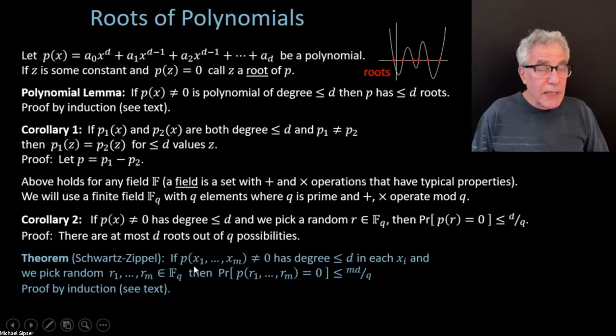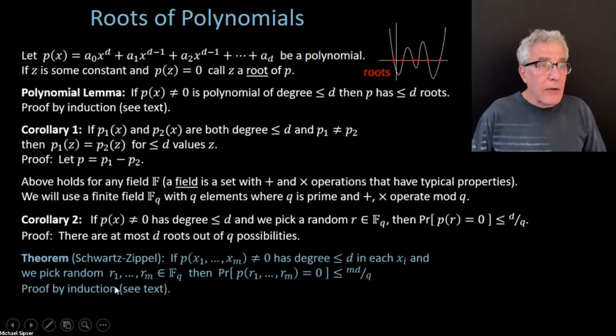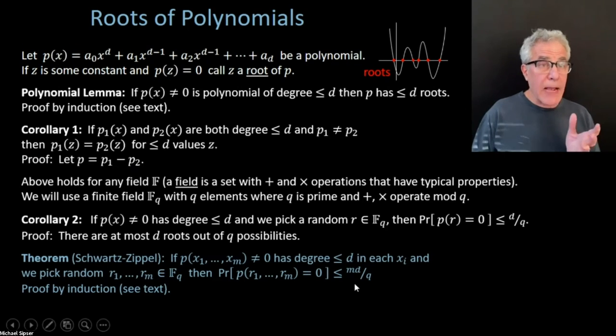So anyway, the Schwartz-Zippel lemma says that if you have a polynomial in several variables, which is not the zero polynomial, where each variable has low degree, so it has degree at most d in each x_i, meaning each variable has at most an exponent of d appearing in that polynomial. And now if we pick random values to assign to all of those m variables from the field, the probability that we ended up with a root, that we ended up with a 0, is something you can bound.